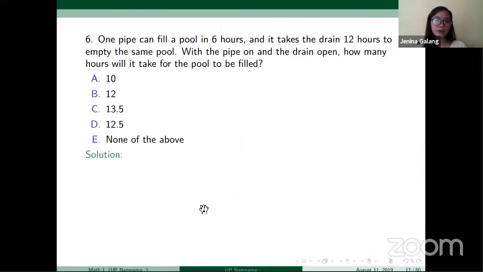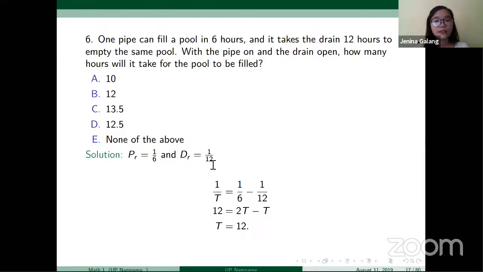So going back to the problem, we have one pipe can fill a pool in 6 hours. So its rate is 1/6 and the drain takes 12 hours to empty the same pool. So yung rate ng drain is 1/12.